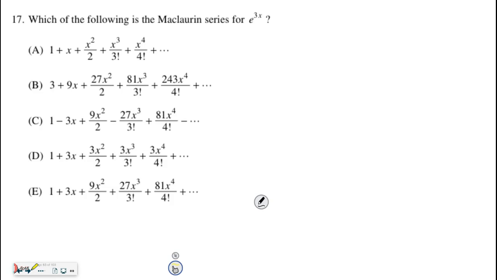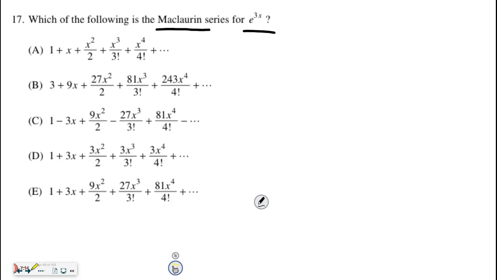So it says, which one of these is the Maclaurin for e to the 3x? They want you to make one. That's easier than you trying to figure out what was made. So this is a very easy question. If you know how to generate e to the x, and we don't switch the center, there are 2 ways this is tested.